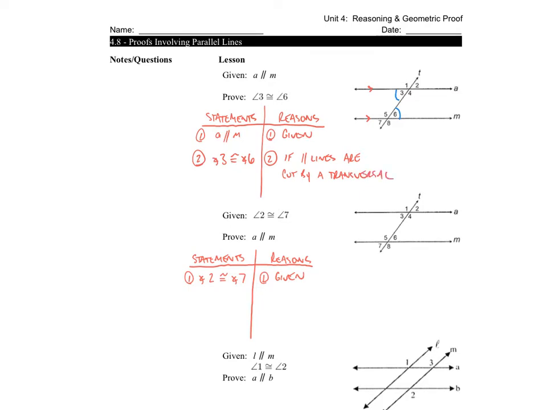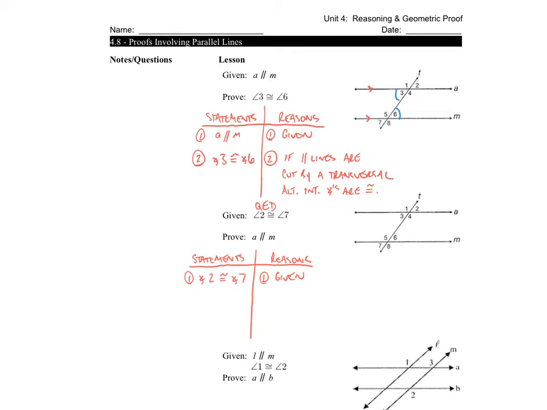We've got parallel lines A and M cut by transversal T, then alternate interior angles are congruent. Very short little proof. All right, it's just simple because it's reminding us of that conclusion that we came to, where if we're told that we've got parallel lines, we can conclude any of those 5 statements. All right, so that proof is finished.